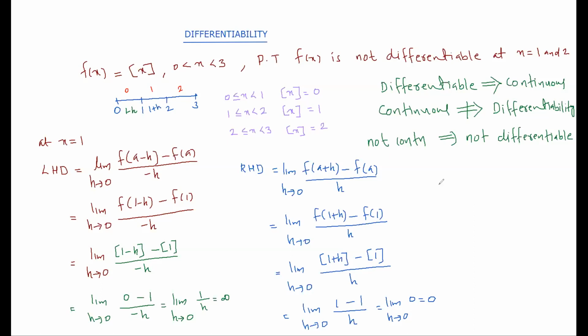So you can see that here the right hand derivative exists, but the left hand derivative does not exist, and they are not equal. Right hand derivative is 0, left hand derivative does not even exist. That implies f of x is not differentiable at x is equal to 1.